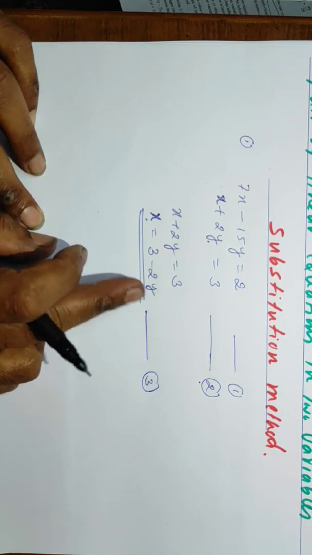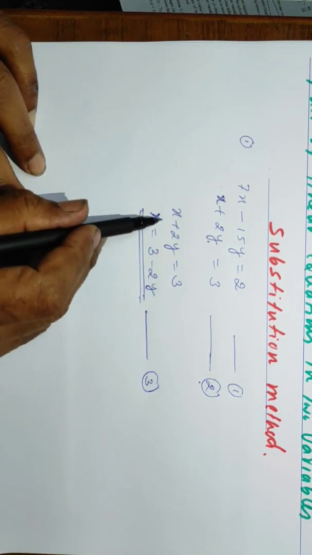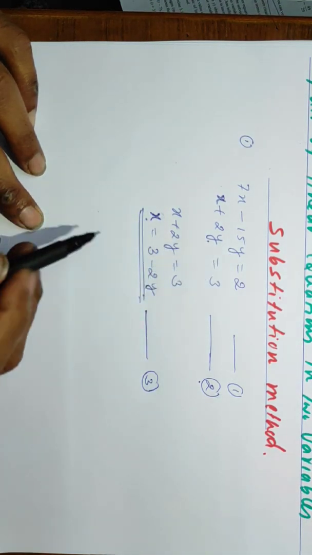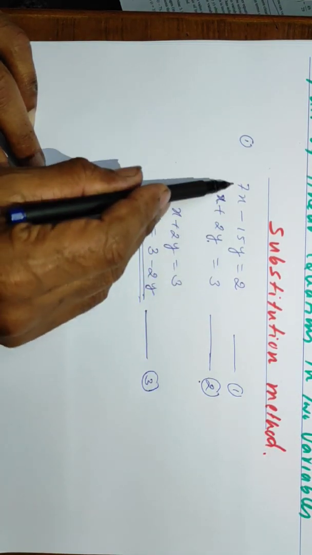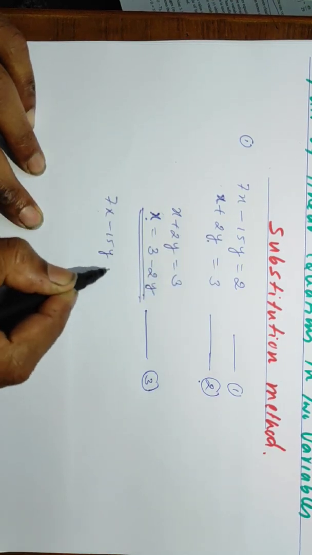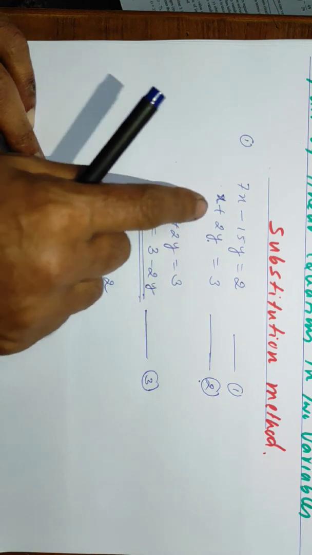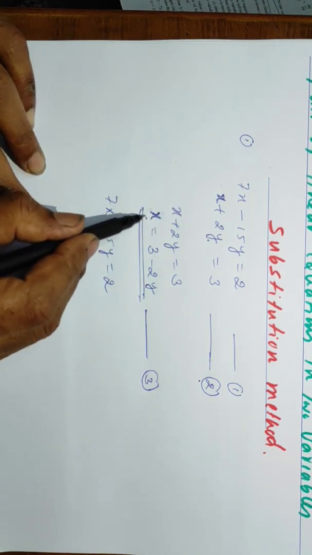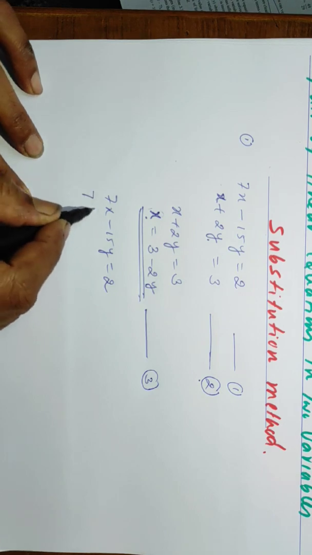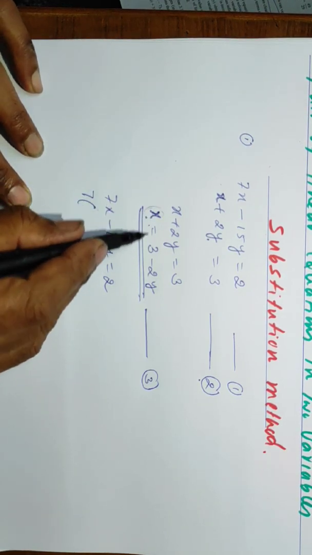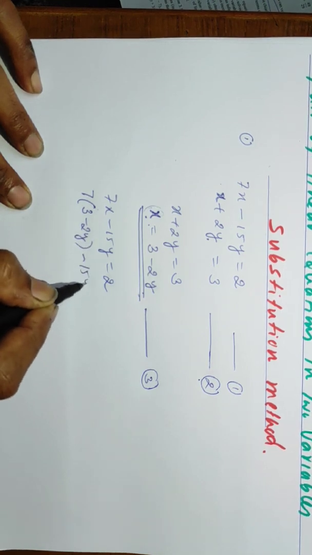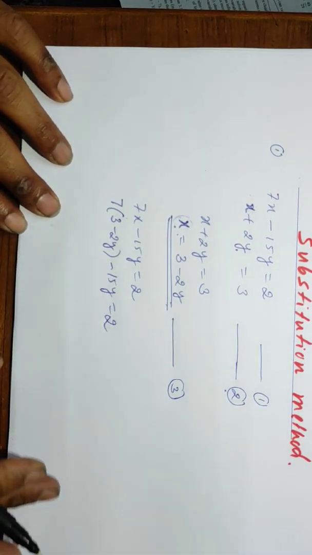Now substitute the value of this variable in the other equation. The other equation is 7x minus 15y is equal to 2. In that equation, I have to substitute the value of x. So 7 into, in the place of x, I write 3 minus 2y, minus 15y is equal to 2.